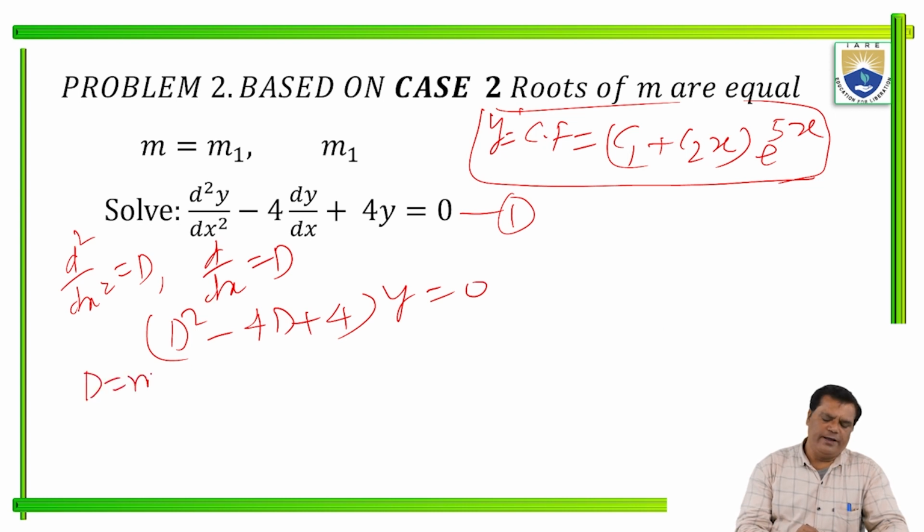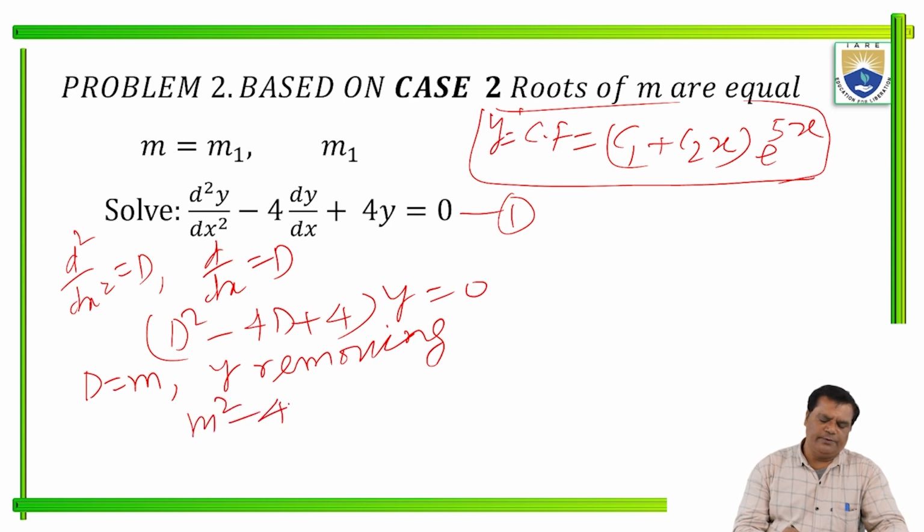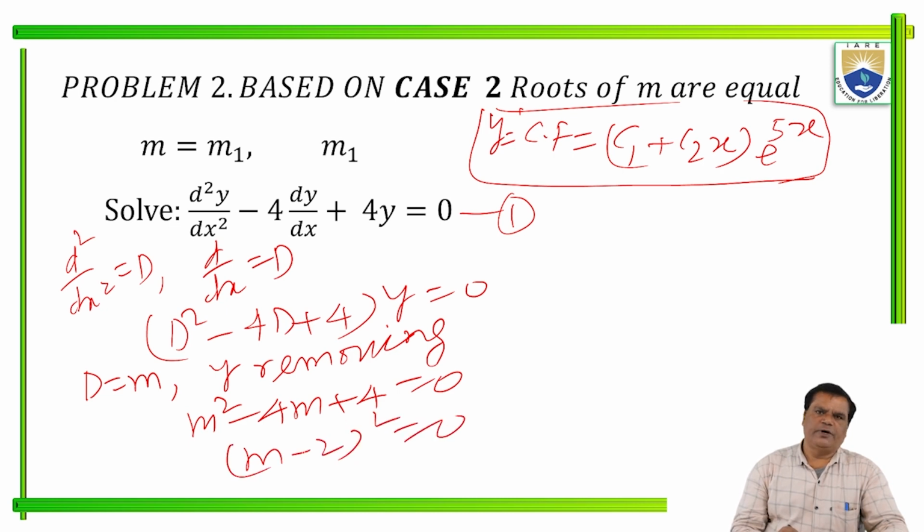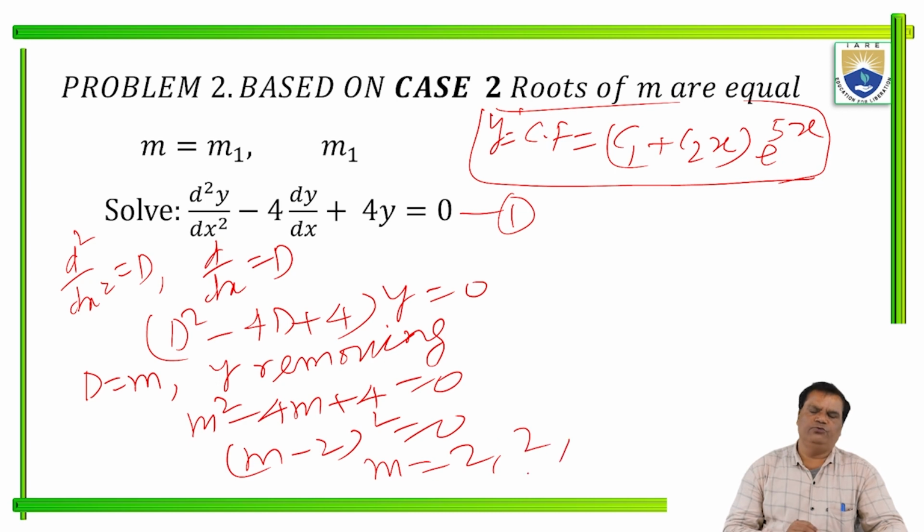Putting D equal to m and removing y, we get m² − 4m + 4 = 0. So (m − 2) whole square. This is a perfect square, using the formula a² + b² ± 2ab. Then we get m equal to 2 and 2.